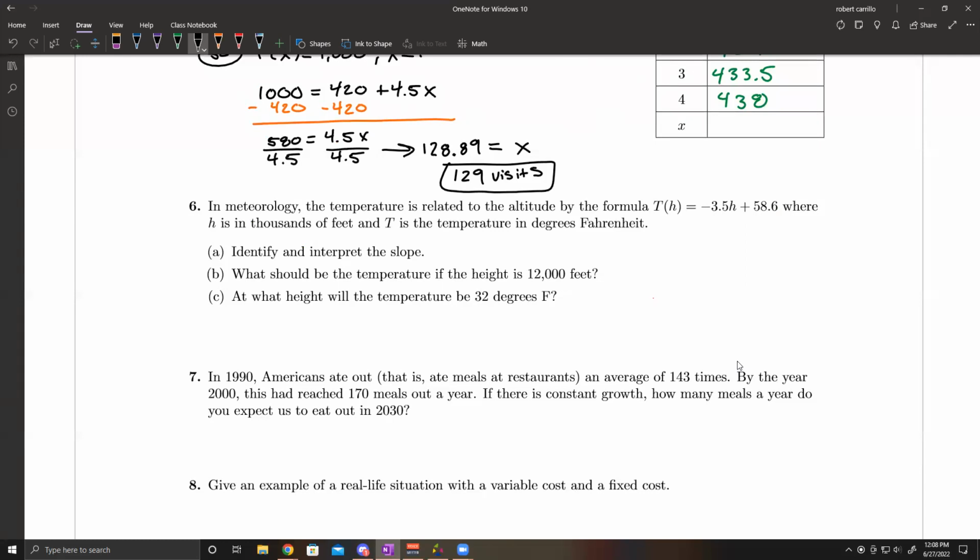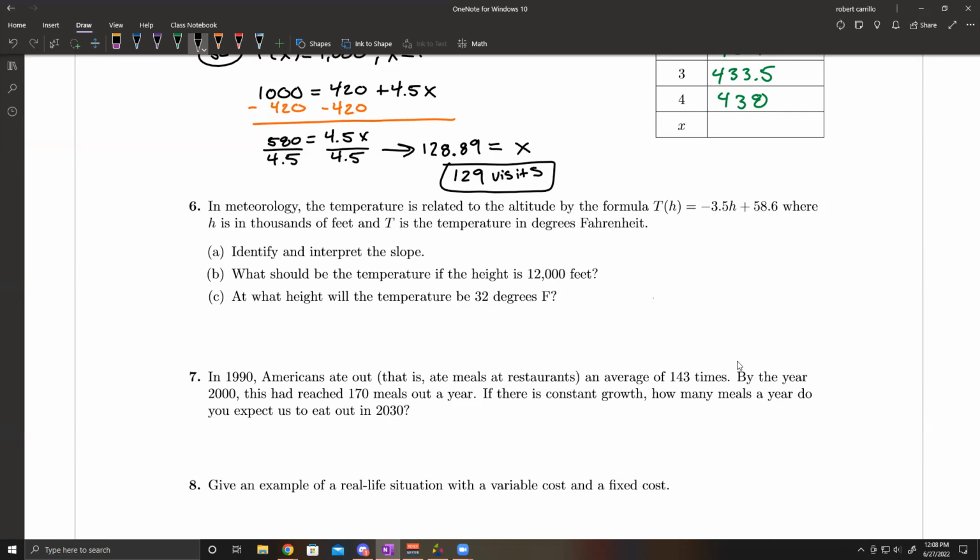Okay. Number 6, it says in meteorology, the temperature is related to the altitude by the formula T of H equals negative 3.5H plus 58.6, where H is in thousands of feet and T is the temperature in degrees Fahrenheit.